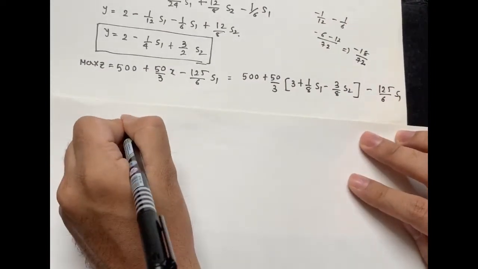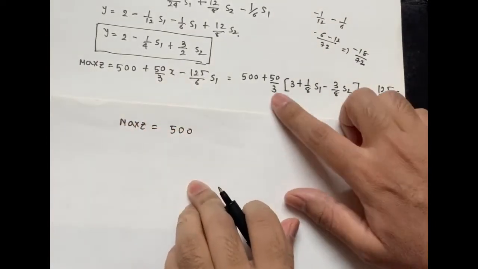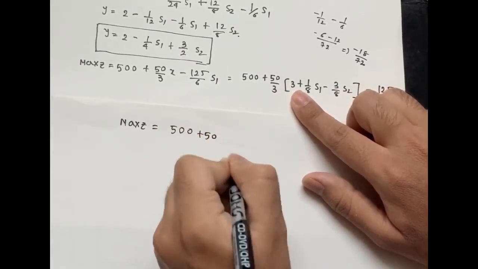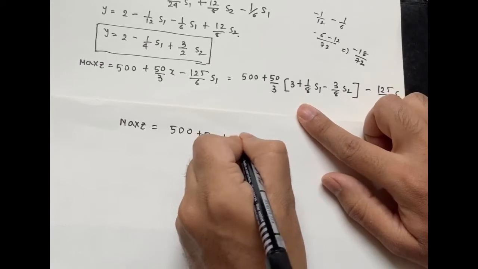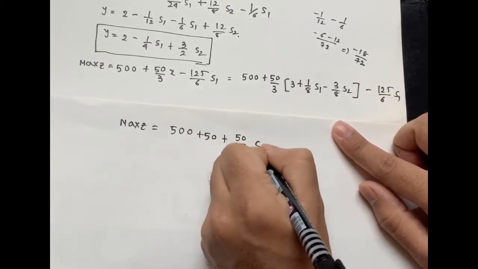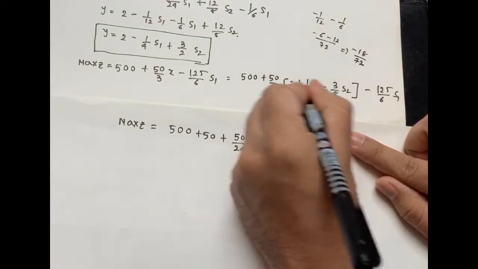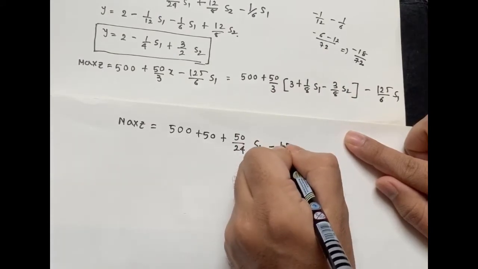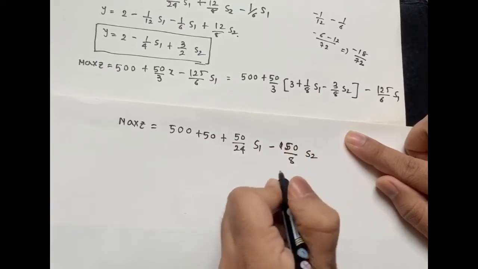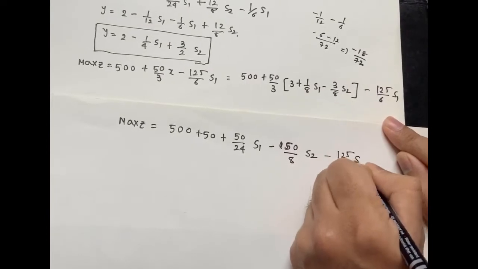Now max z equals 500 plus 50 by 3 into 3, so that is 50, plus 50 by 24 s1 minus 150, it can be written in this way, 50 by 8, 3 gets cancelled out, s2, minus 125 by 6 s1.